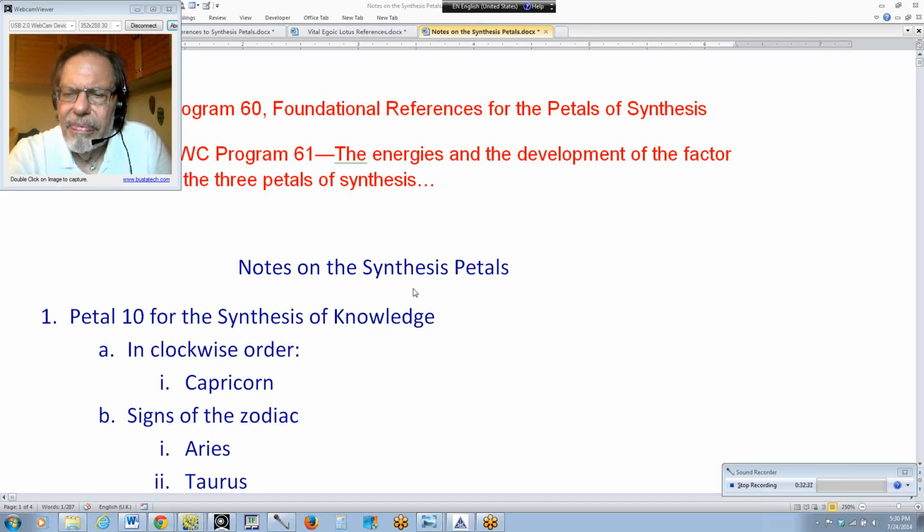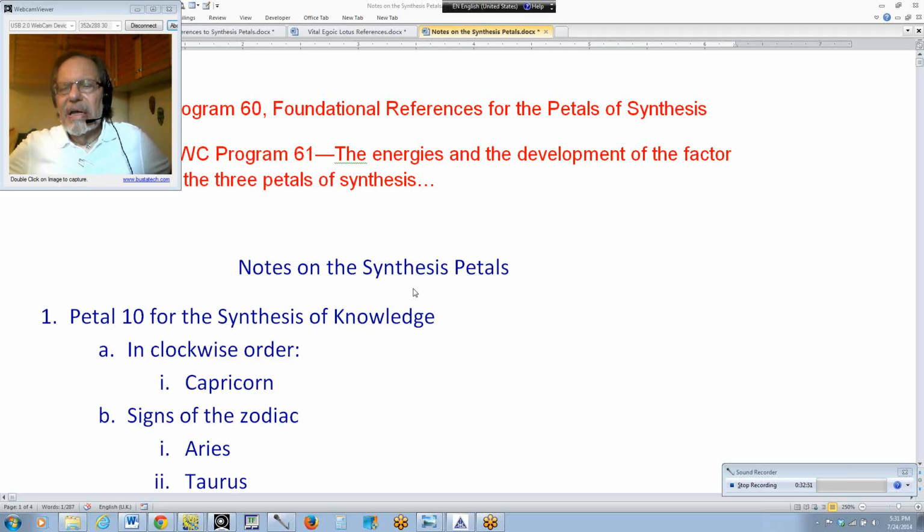So, you can go through those 80 items and you can see a lot of fulfillment here. But what about the specifics of these energies?